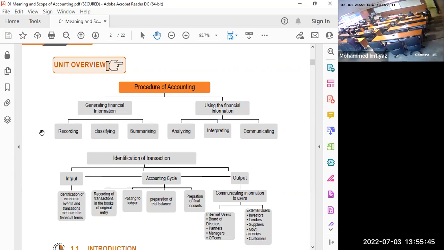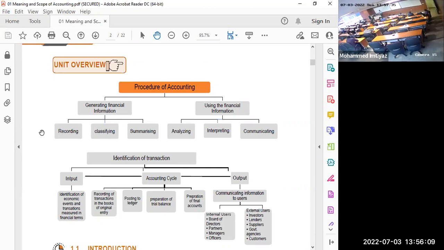That analysis will lead to interpretation. What is analysis? We have some tools. We'll study that a little later. One of the famous tools available for analyzing the financial data is ratio analysis. Of course, there are so many other tools available.